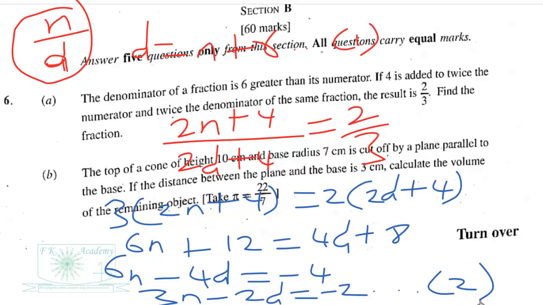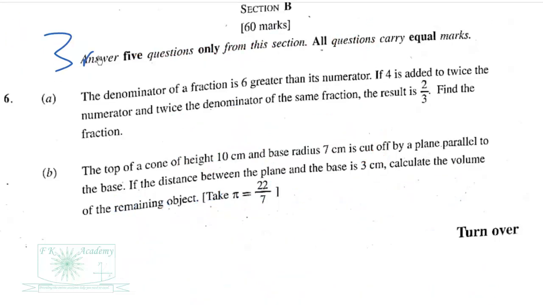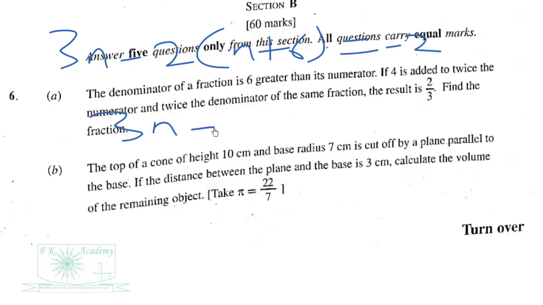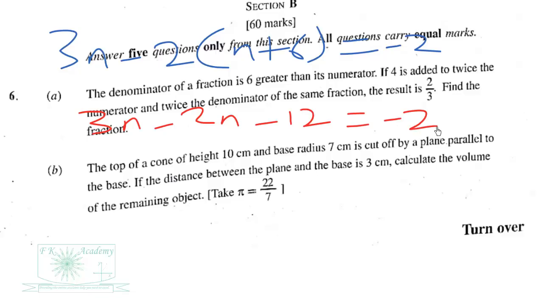Now let's substitute n plus 6, which is d, over here. So the equation becomes 3n minus 2 times n plus 6 is equal to negative 2. So 3n minus 2n minus 12 is equal to negative 2.